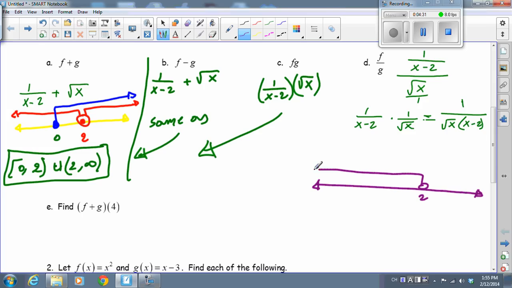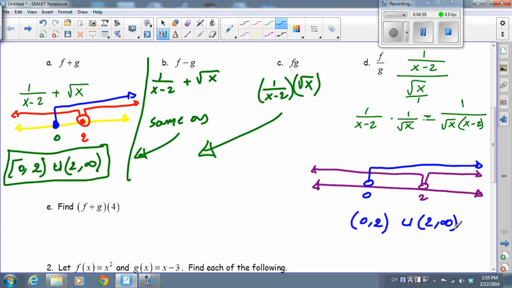It's taking both ways, of course not including 2. But the domain for g, the fact that g is now on the bottom, it will start from 0, and it will also be a circle at 0, and it will be going only one direction. So the new domain will be from 0 all the way to 2, union 2 till infinity. The only difference is that it's not included at 0 anymore.